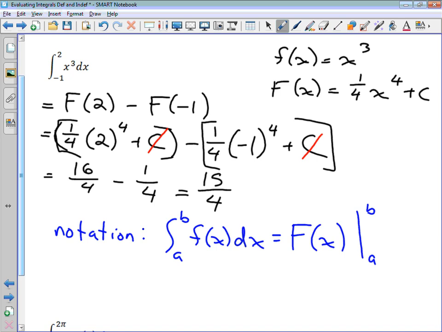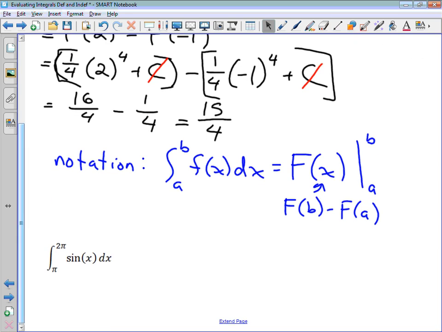Okay. So basically when you see this, f at x with the vertical line and then a and b, this means f at b minus f at a. So it's a way of combining this stuff that I did over here with this stuff in here. Okay, so let's do another one here.